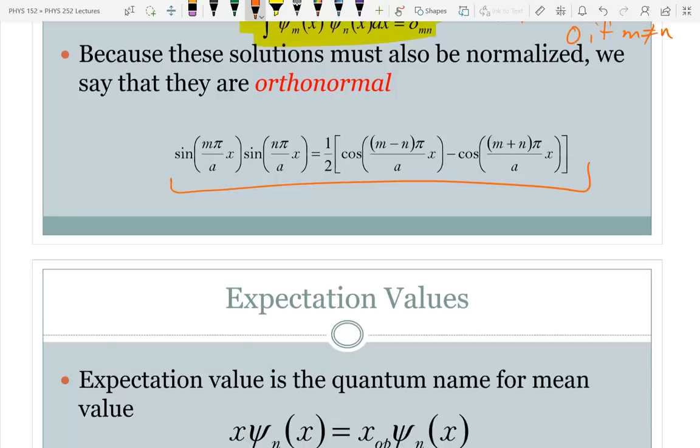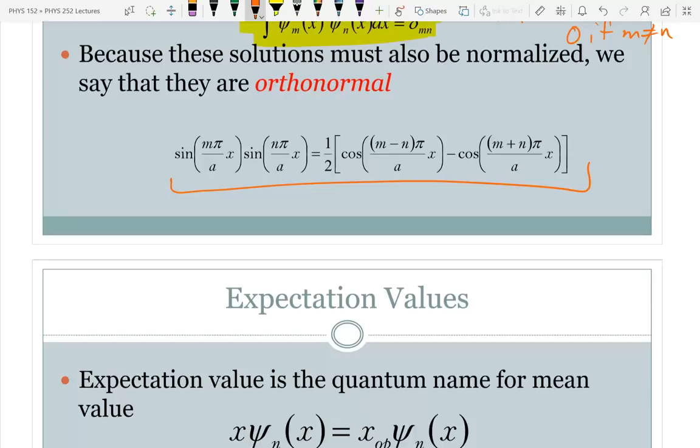Well, the integral of a sinusoid, sine or cosine, over an integer number of wavelengths is always 0. Since m is an integer and n is an integer, m plus n times pi over a is always going to be an integer number of wavelengths, so it's always going to give us 0 for the answer.